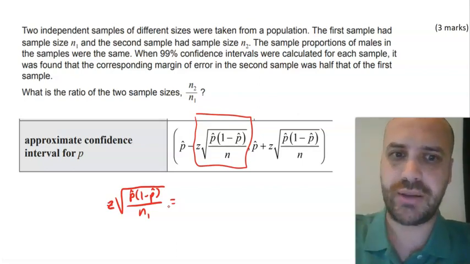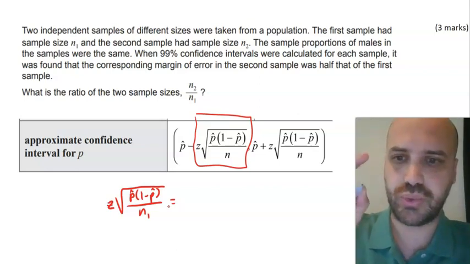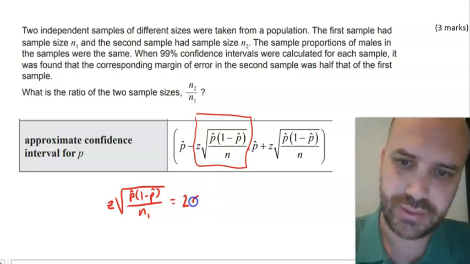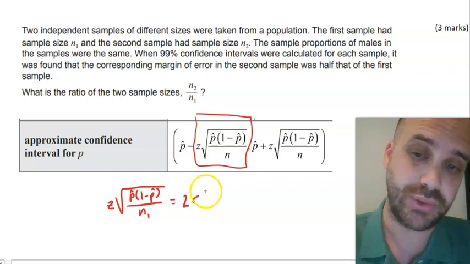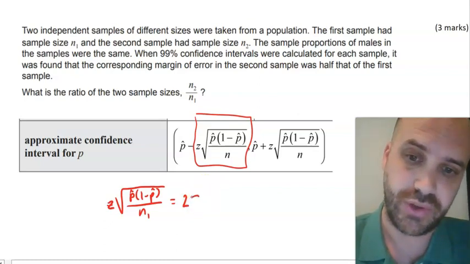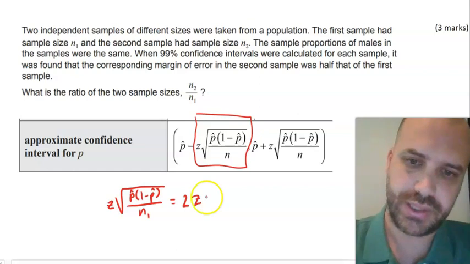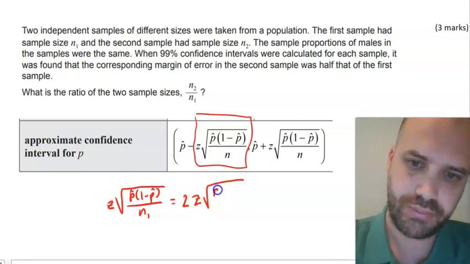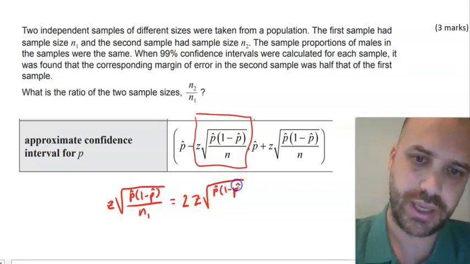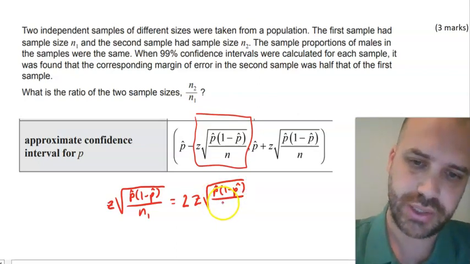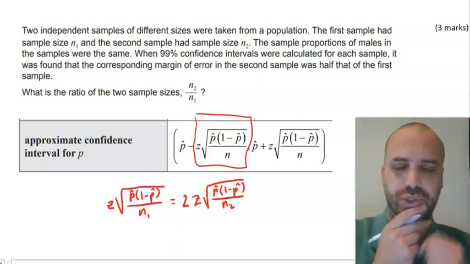All right, so that means that 2 times that margin of error of the second sample will equal the margin of error of the first sample. 2 times the z-score, p(1 minus p) over n2.